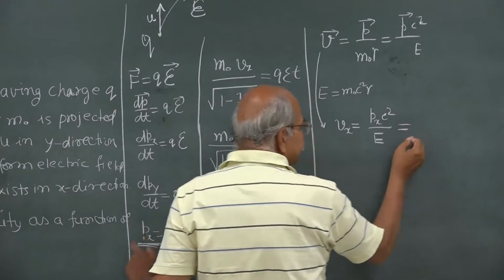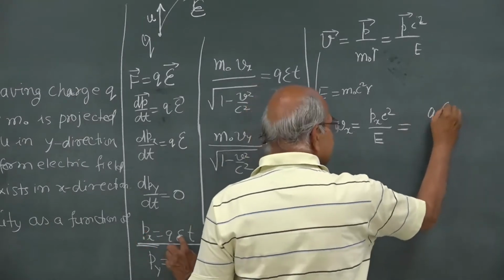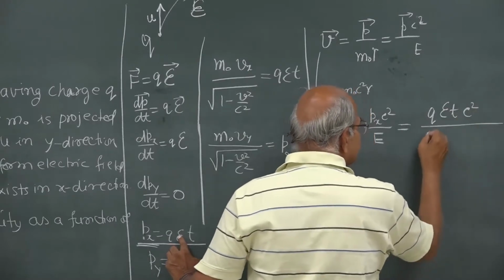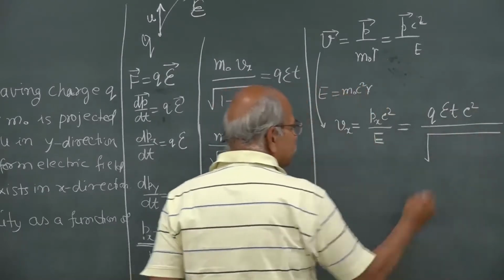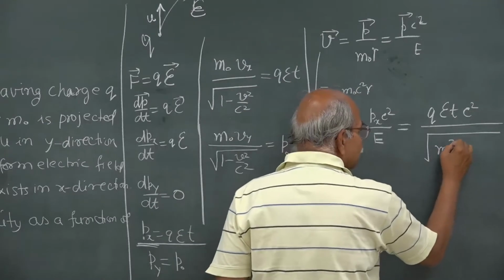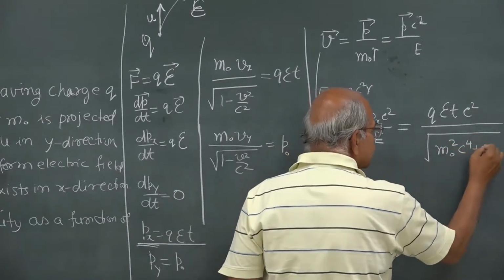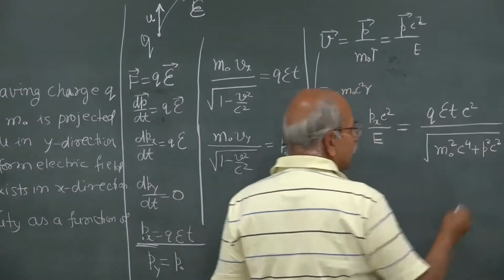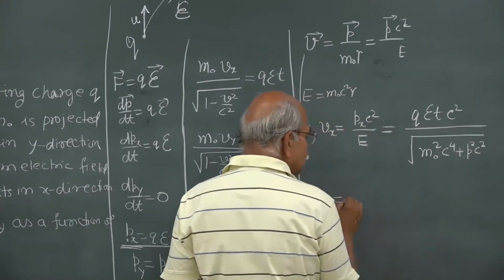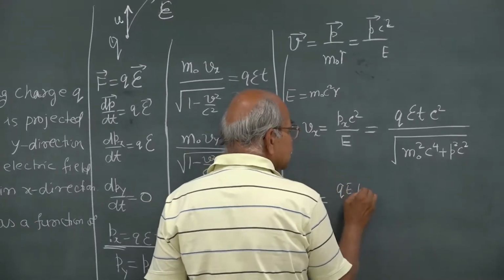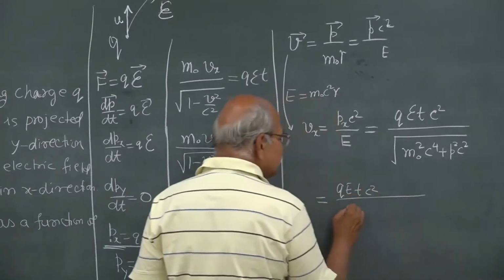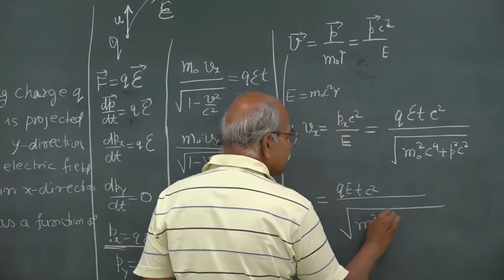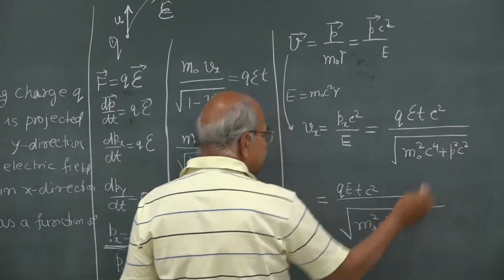So, this will be Q E T c square divided by square root of m naught square c4 plus p square c square, and that is Qet c square divided by square root of m naught square c4 plus, what is p square?